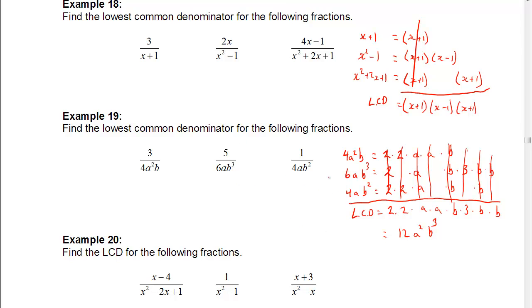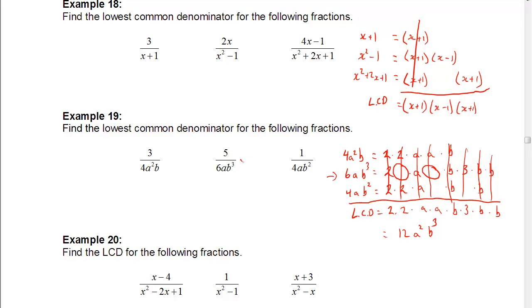For example, how do we make 6ab cubed into 12a squared b cubed? We look at that particular denominator and we see we have a gap here and here, and everything else is full. That tells us that we're missing a 2 and we're missing an a.